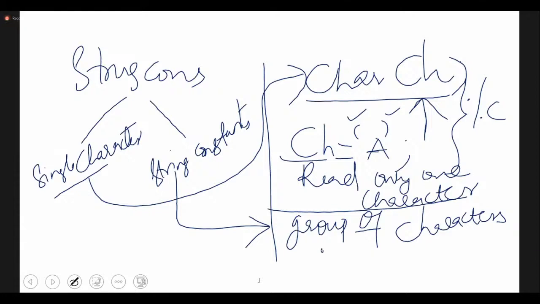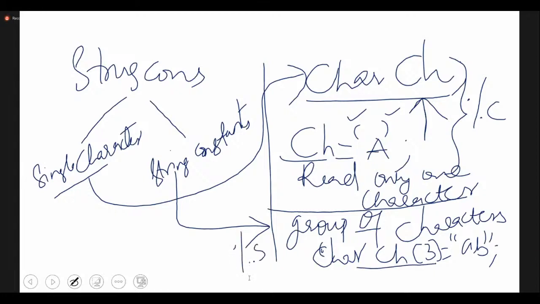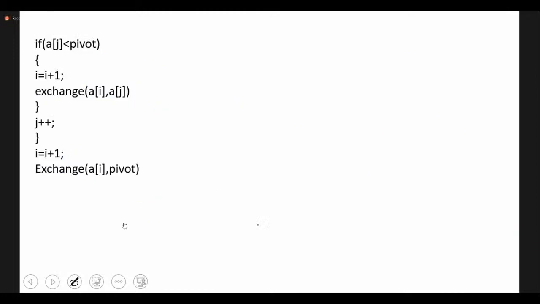For example, I write char ch of 3 equals, in double quotes, AB. In order to read a string, we use %s. In order to read a character, we use %c. In order to read a group of characters, that is a string, we use %s as the format specifier.